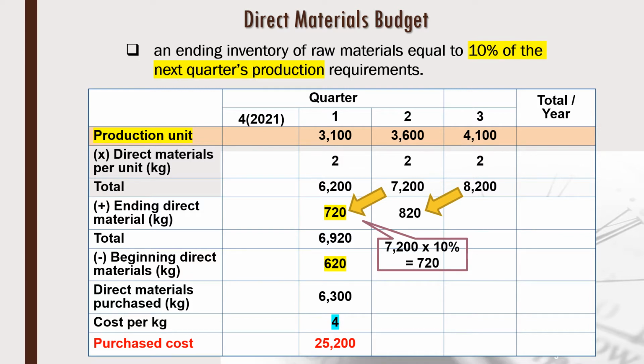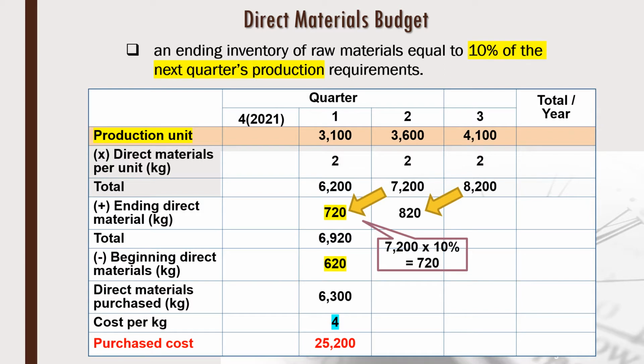So you have to calculate the ending direct materials for quarter 4 2021. That is 10% of the next quarter production. For quarter 4 2021, the next quarter is quarter 1 in 2022. The quarter 1 production total is 6,200.